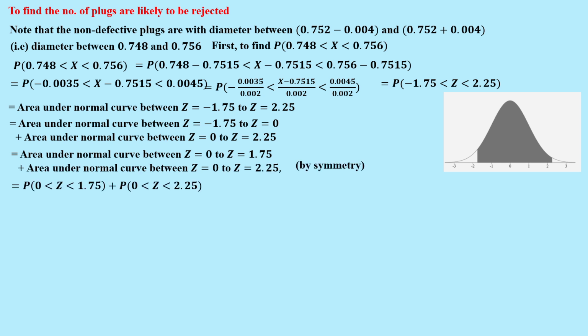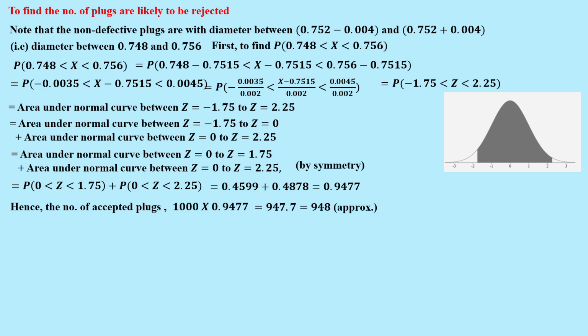So the probability of 0 less than z less than 1.75 plus the probability of 0 less than z less than 2.25, so 0.4599 plus 0.4878, which is equal to 0.9477. Hence the number of accepted plugs is 1000 into 0.9477, so approximately 948. So the rejected plugs are the remaining, 1000 minus 948, that is equal to 52. Thanks.